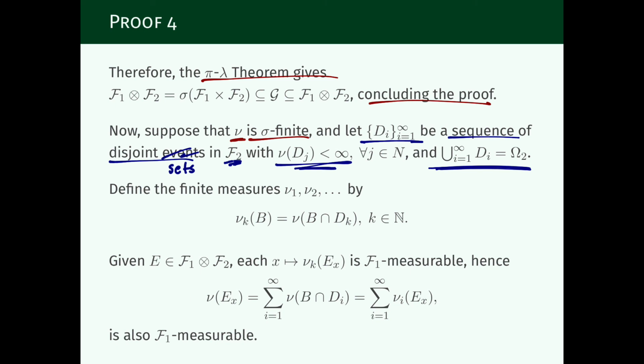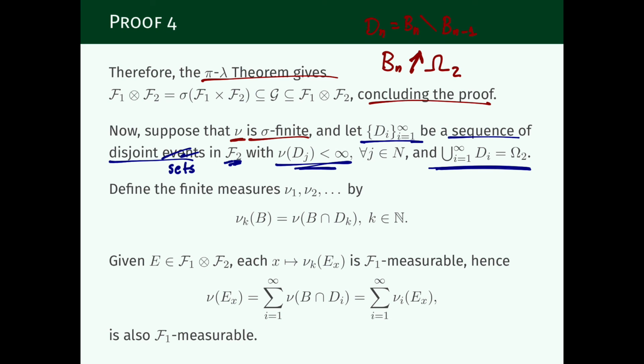Sigma finite, as we stated, says there exist Bn that increase to omega 2, which have finite measure. Now here we're asking them to be disjoint, but we know the usual trick. To replace an increasing sequence by a disjoint sequence, just remove all the previous items. So just take Dn to be Bn minus Bn-1.